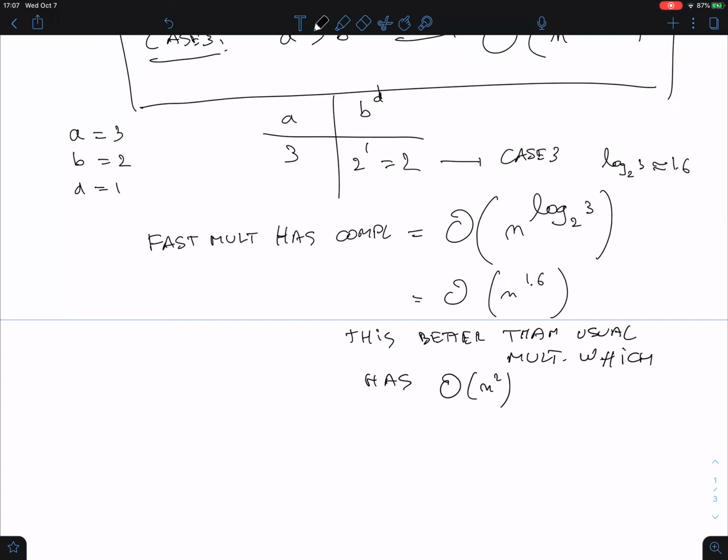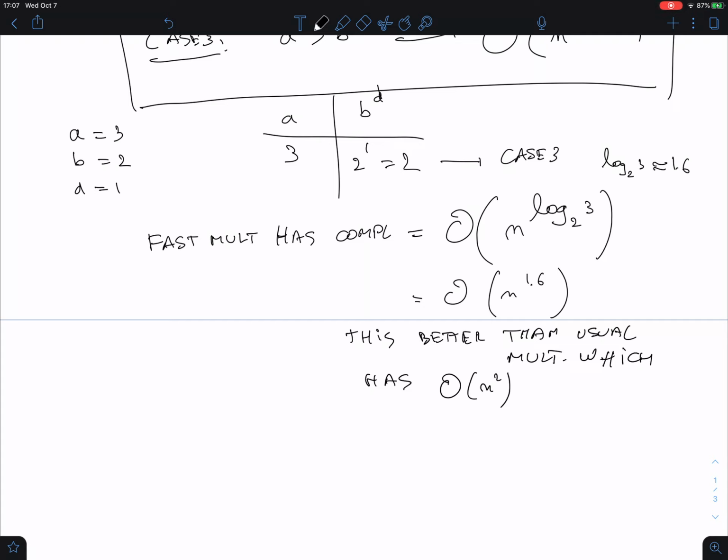It doesn't seem a major improvement, but if you take n to be a million, then a million squared is way bigger than a million to the power 1.6. A million is perhaps a bit too big for my calculator to work with, so I'm going to do 1,000. The difference between 1,000 squared and 1,000 to the power 1.6. Let's see. Normally you need to take really higher powers here.